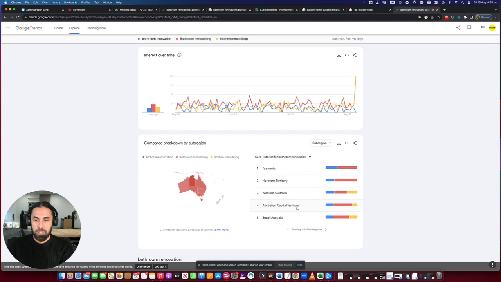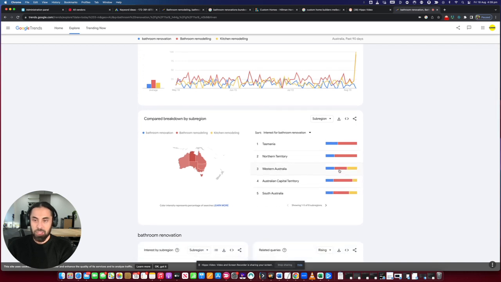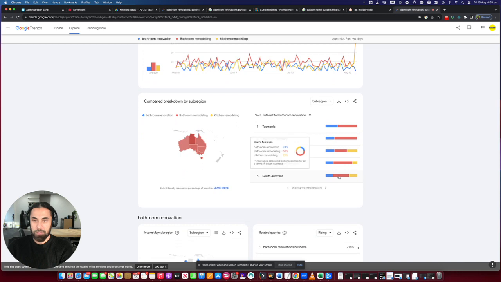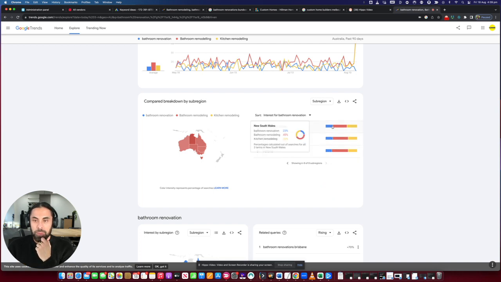So as we can see here, again, Tasmania seems to be getting the most activity when it comes to bathrooms, and not so much for kitchens. Northern Territory is the same, bathrooms, not kitchens. Western Australia seems to be an equal share, 28%, 40%, 32%. South Australia, there seems to be a bit of an even level there. And NSW, what we got is 23, 45, and 32, and so on and so forth.